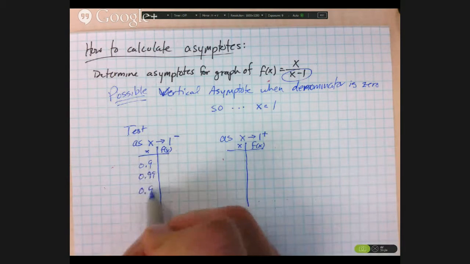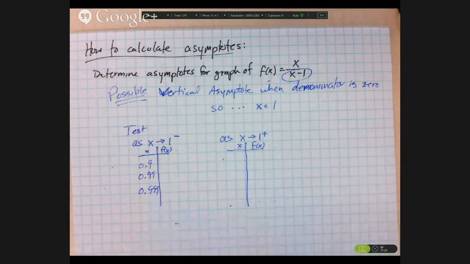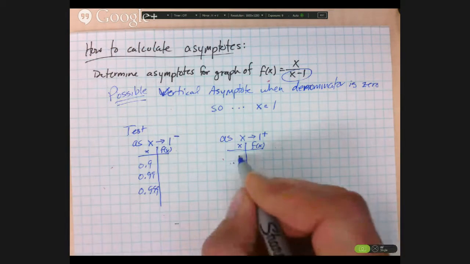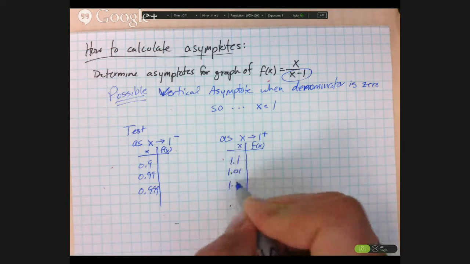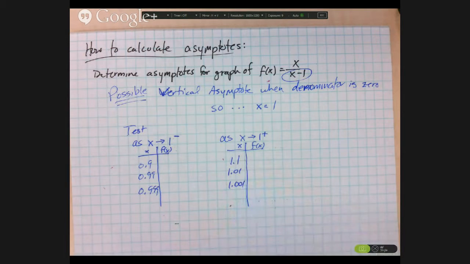It's the same thing we did with continuity. So we're getting closer and closer to 1 from the left, and closer from the right. So we're either going to see them approach infinity, and that'll give us a vertical asymptote.